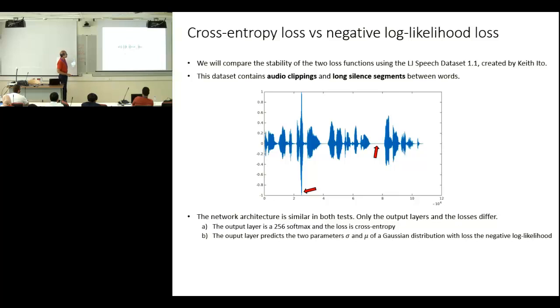I will give you some examples having samples from the LJ Speech data set. This data set has some strange things inside. For example, it has some clips from -1 to 1 and has some very long silence regions, which is ideal to test this instability mechanism.